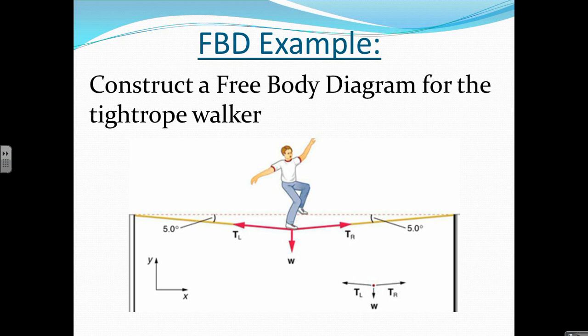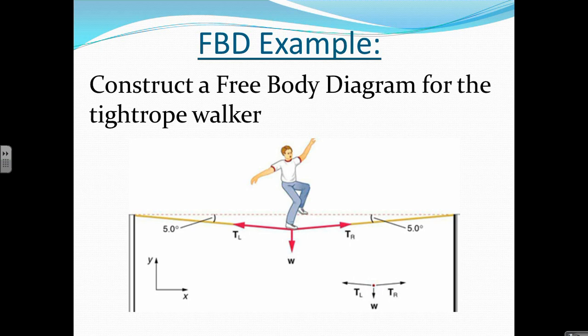Let's do an example of a free body diagram. In this picture, you can see a tightrope walker walking down a line. The weight of the tightrope walker, W, is pointing directly downwards in the vertical direction. And you have tension in both lines. Tension in the line to the left and tension in the line to the right. And these lines make an angle of 5 degrees with the horizontal.